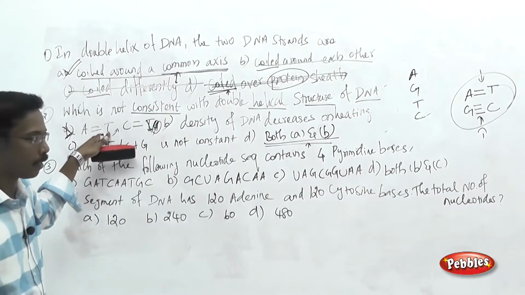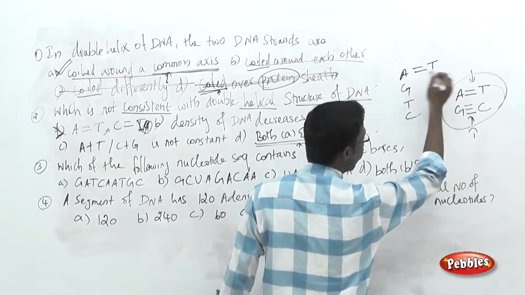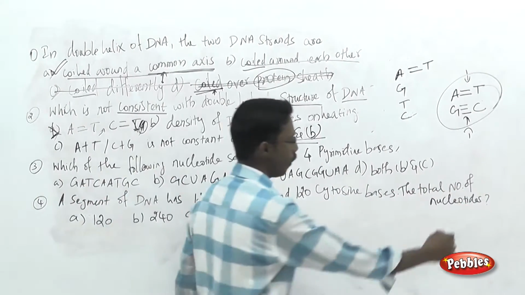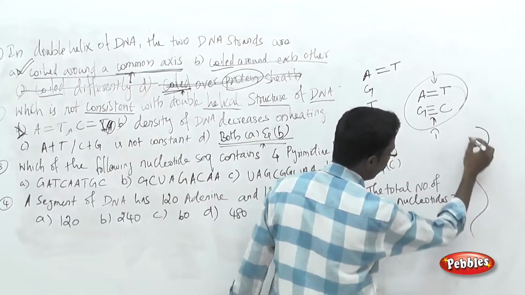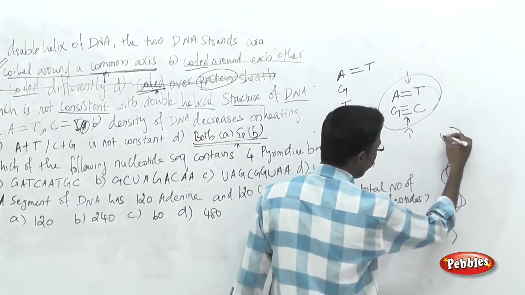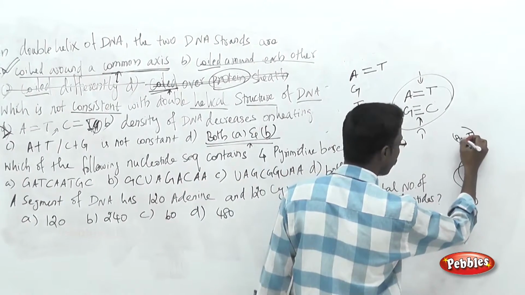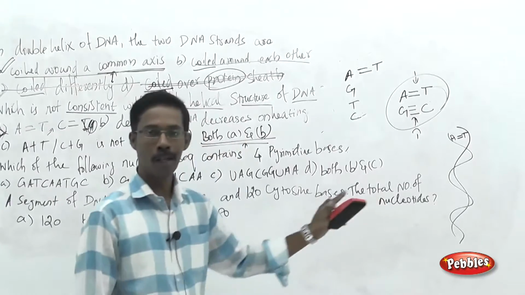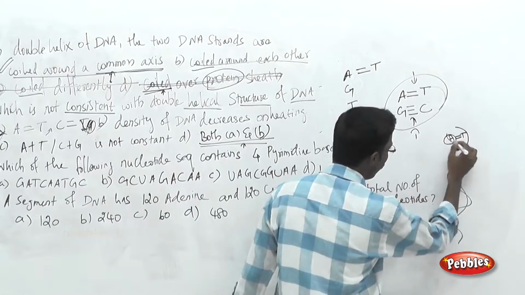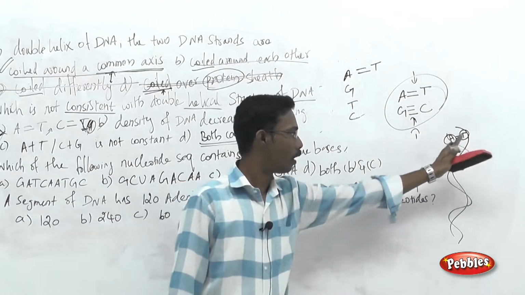Adenine equal to thymine is correct, because adenine always pairs with thymine, so the number of adenine is always equal to thymine.